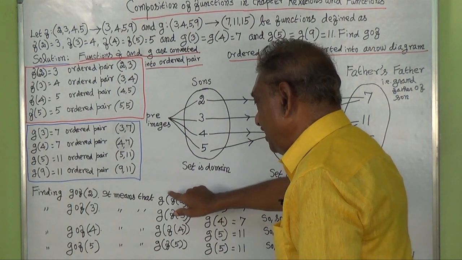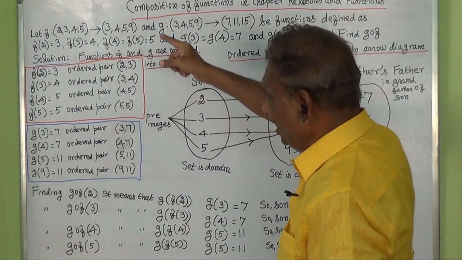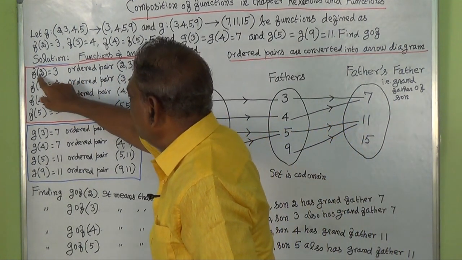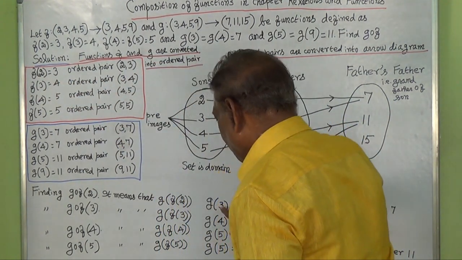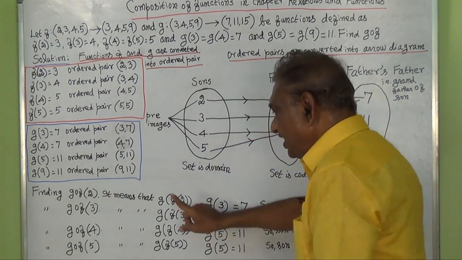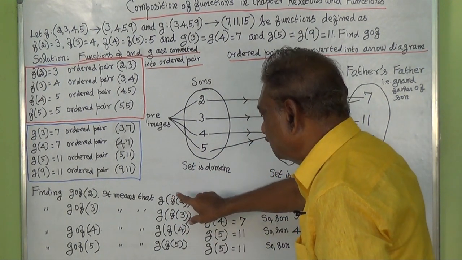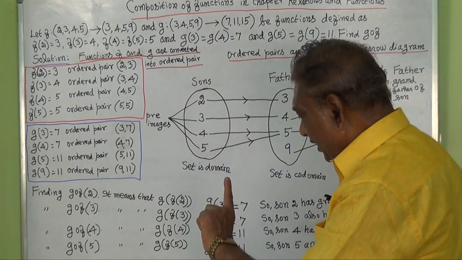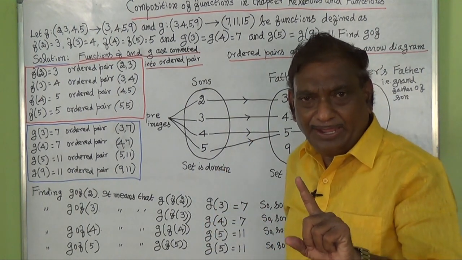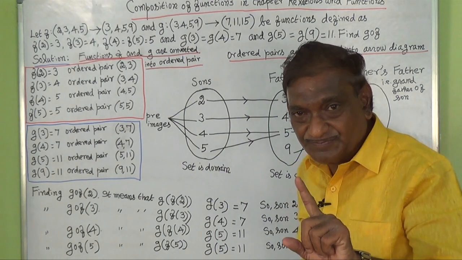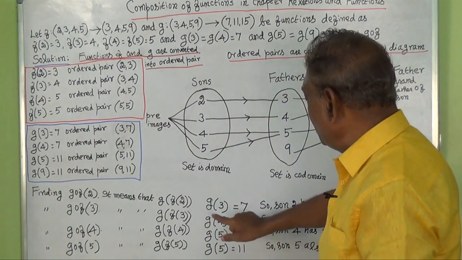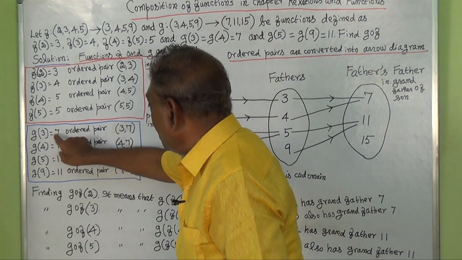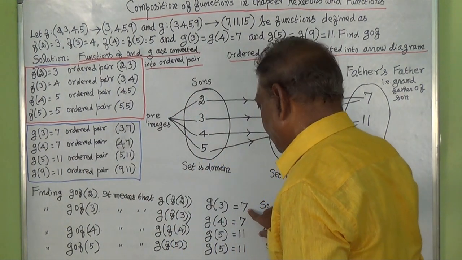That is the function F. In the function F, the F of 2 is given as 3. So we can write F of 2 as 3. Then we have to find the function G. The function G of 3. G of 3 equal to 7, so that we can write 7.